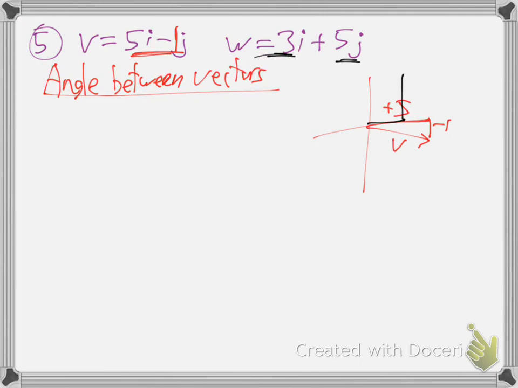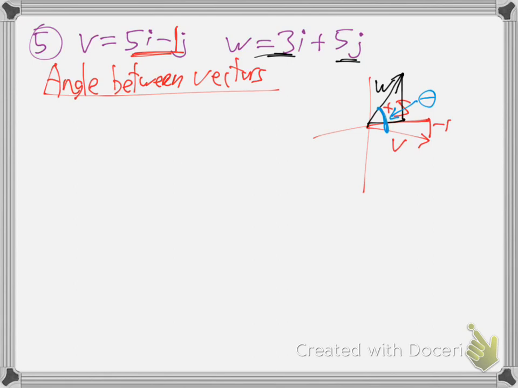There's vector w. Anyway, there's an angle between vector w and v. This angle right there. You guys tracking with me? That's what we're trying to figure out. What is that angle? Call it theta. W is right and up, v is right and down, so there's some angle between them.